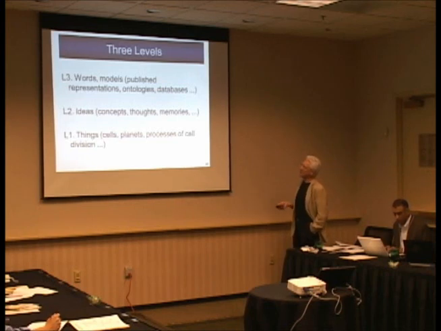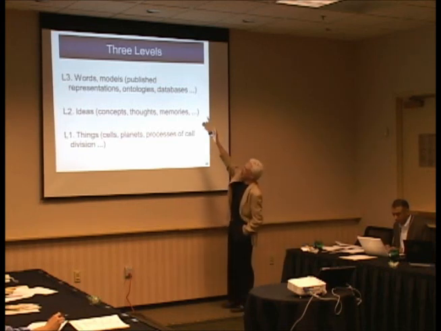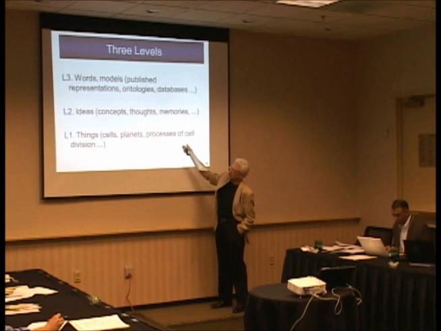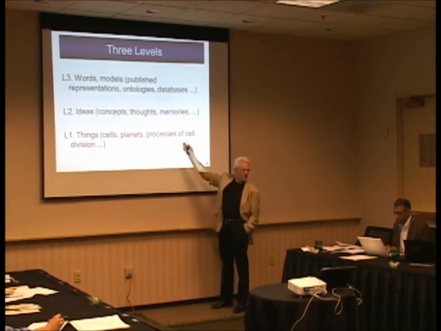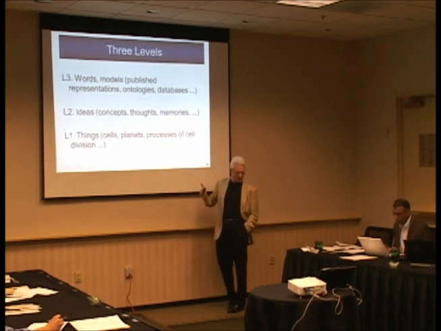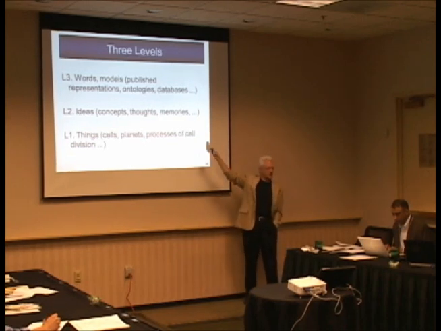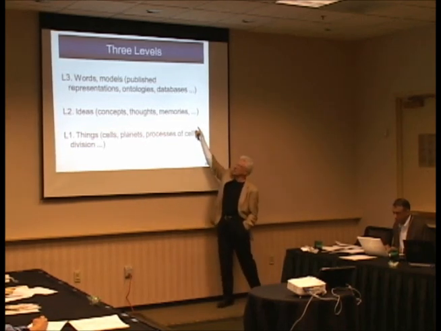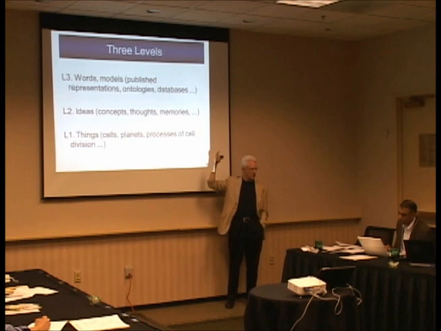We can distinguish three levels. First of all, there are the patients on the ground, the patient's organs, the patient's bedding and drugs and breathing and coughing. Then we have the ideas in people's minds about the patient, the ideas of the doctor, for instance, or the ideas of the patient.